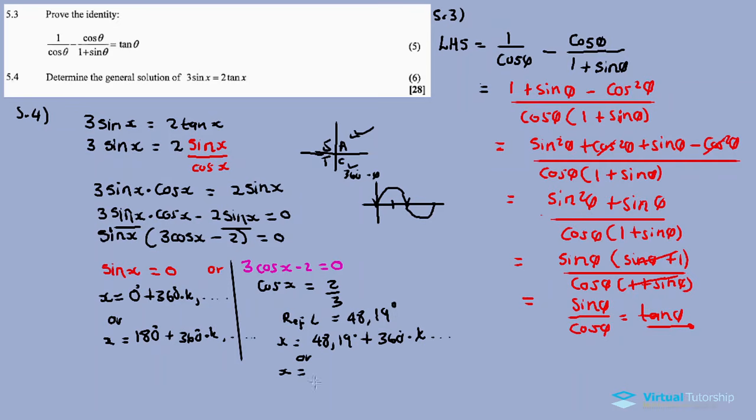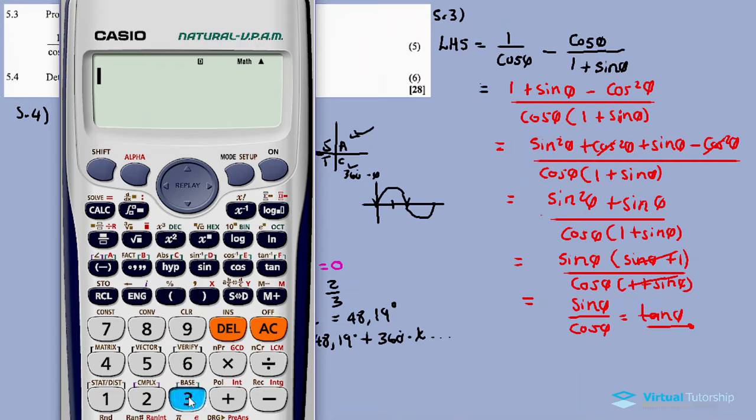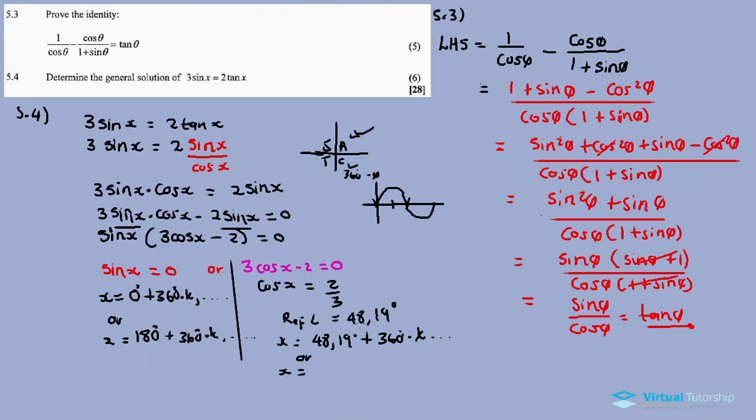So 360 minus 48.19 is equal to 311.81 degrees plus 360 times k, where k is an element of integers. So this is our solution for 5.4, which is also the last question for question 5.